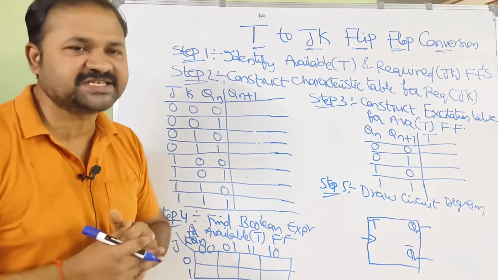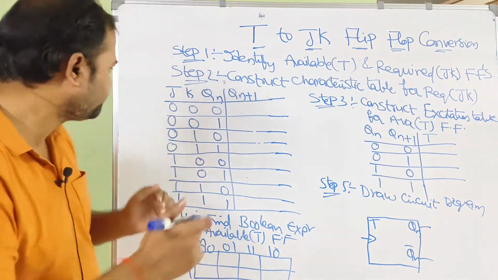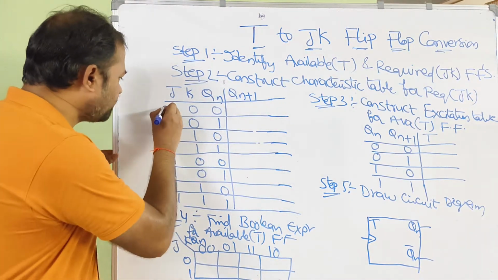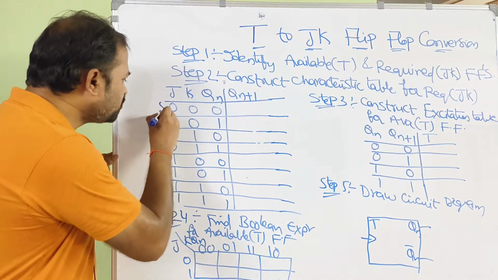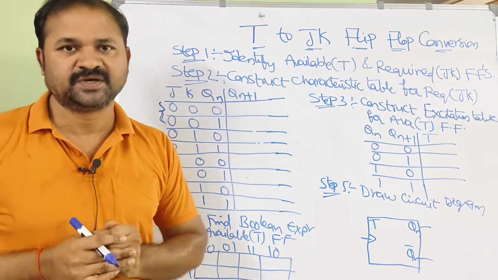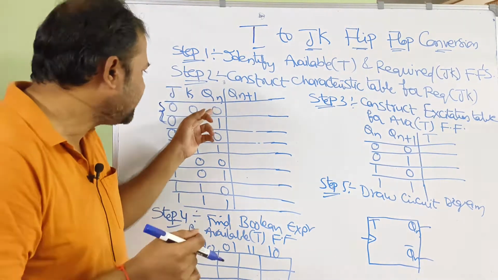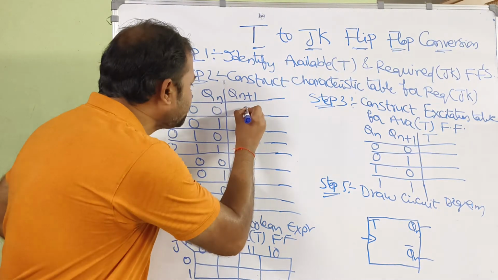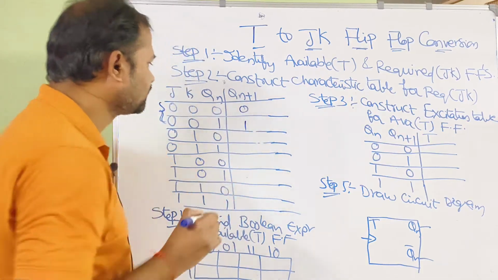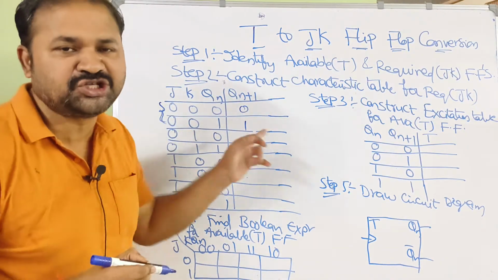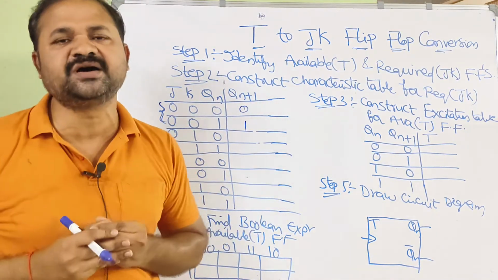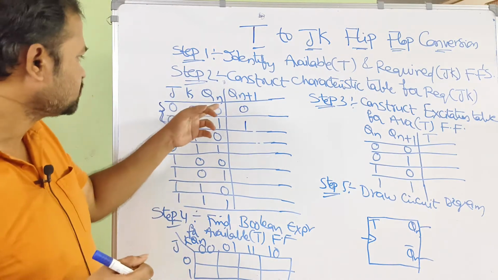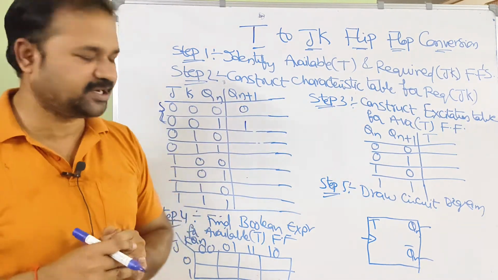So let us see what is Qn plus 1, what is the output here. We know about the JK flip-flop. If the inputs are 0 0, then there is no change in the output. So Qn plus 1 is similar to Qn only. 0 0 means there is no change in the output, so Qn plus 1 is equal to Qn only.